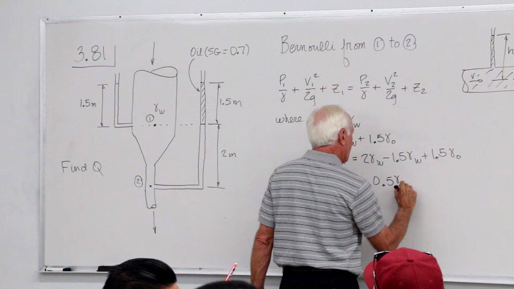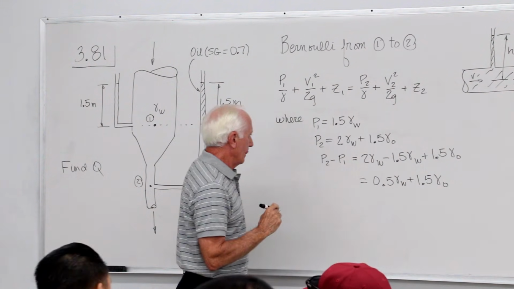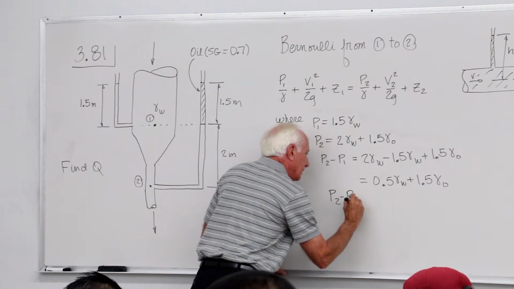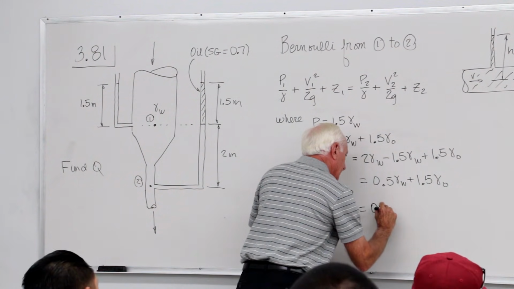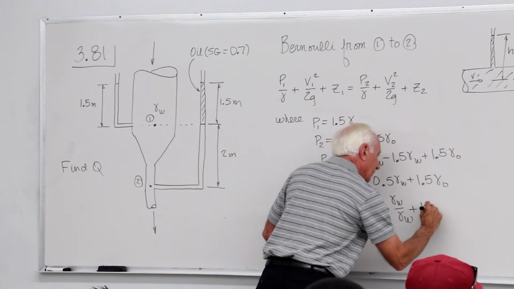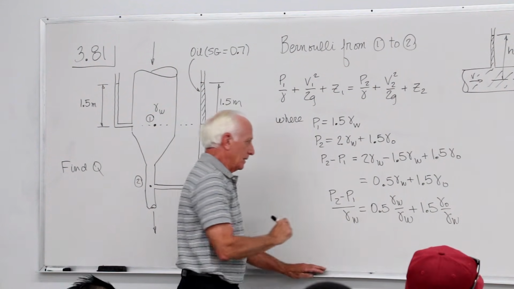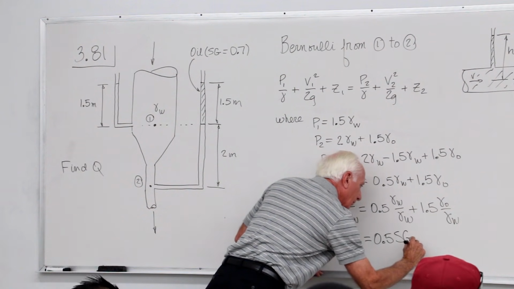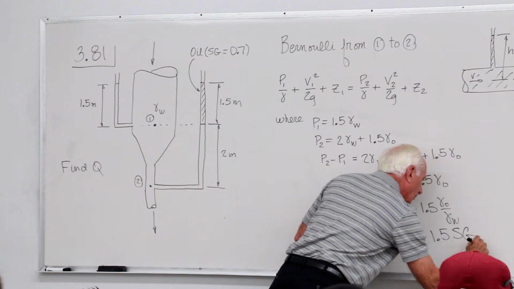0.5 gamma water plus 1.5 gamma oil, divided by gamma water. P2 minus P1 divided by gamma water equals 0.5 gamma water divided by gamma water plus 1.5 gamma oil over gamma water, which equals 0.5 specific gravity of water plus 1.5 specific gravity of oil.